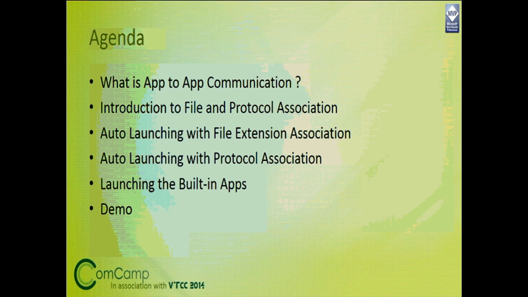And those are the two ways in which the developers can use the app-to-app communication feature in their phone. And then we'll also see the step-by-step procedure of how to integrate them into your app as well. Lastly, we'll also look into some of the built-in apps and how to launch the built-in apps from your application as well. And we'll also get to see some kind of demo as well.